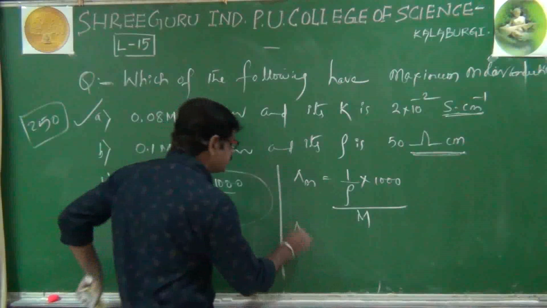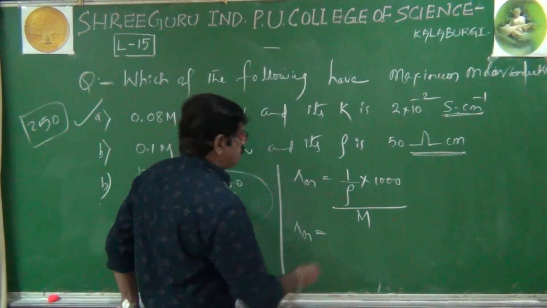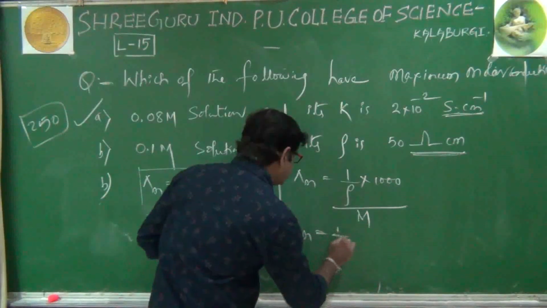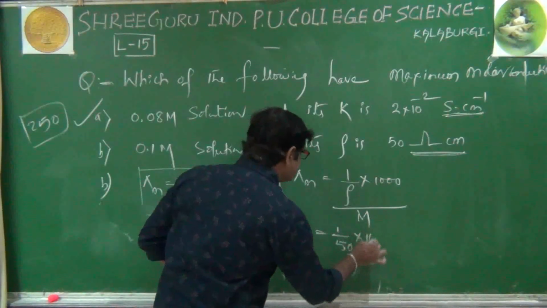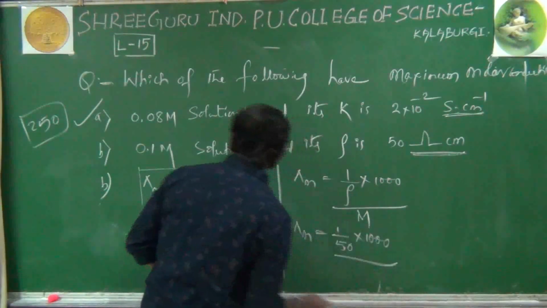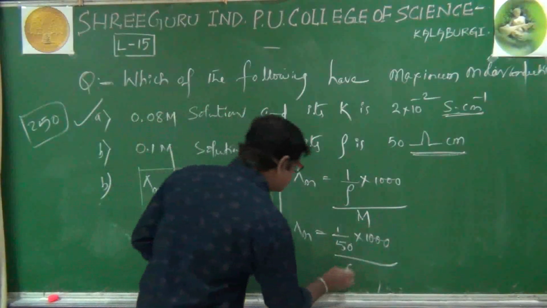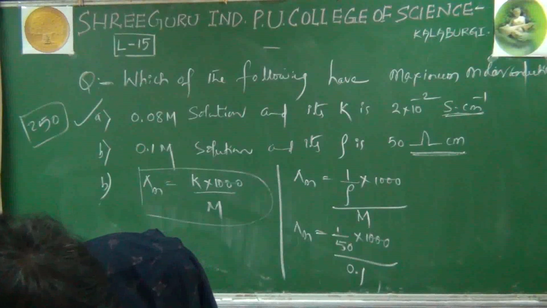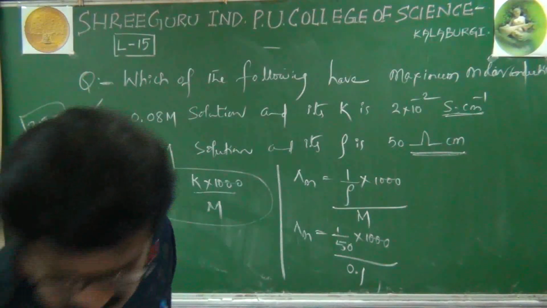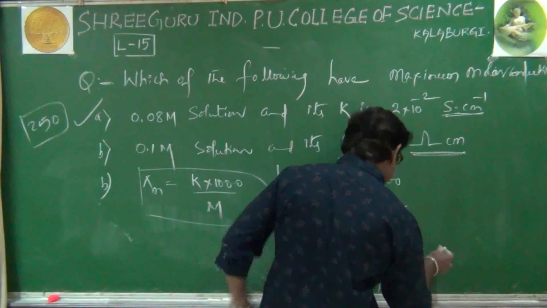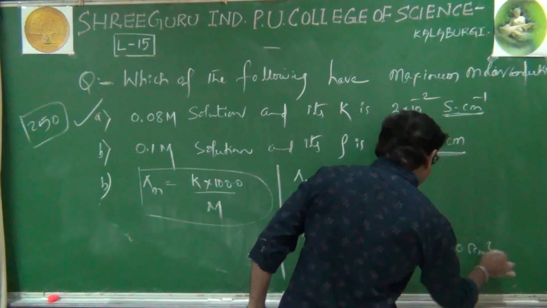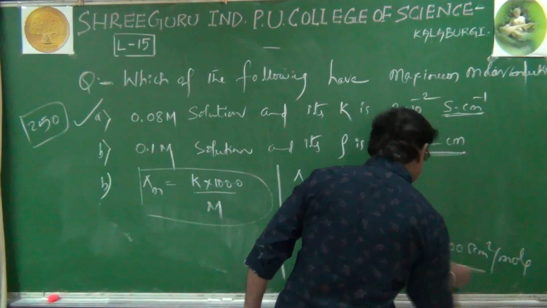Now we will just substitute the values and you will get the answer: 1 by 50 into 1000 divided by 0.1, you will get the answer, that is 200 Siemens centimeter square per mole.